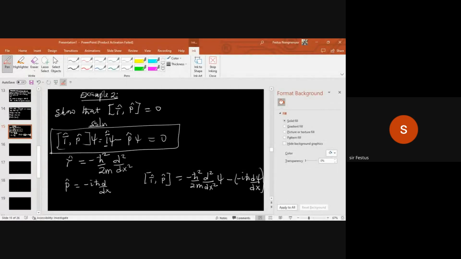Okay. So let's simplify this one. Right. So this one is going to give us minus h bar square over 2m.